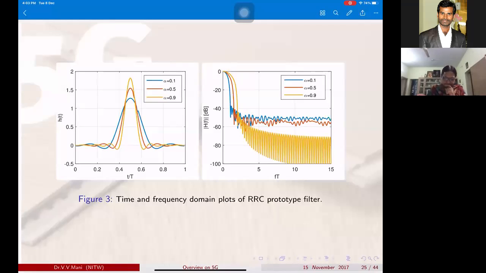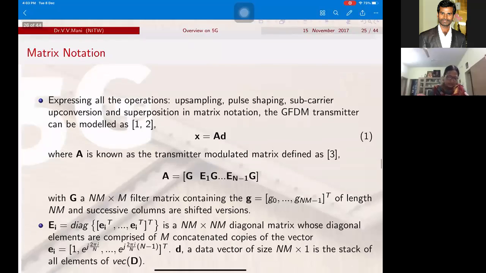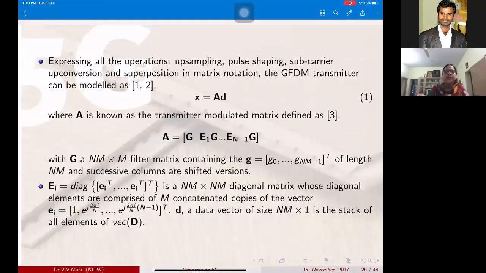So we would see the power spectral density, how as alpha is increasing, the out of band leakage is going to reduce. So this is the entire mathematical modeling of your GFDM model.